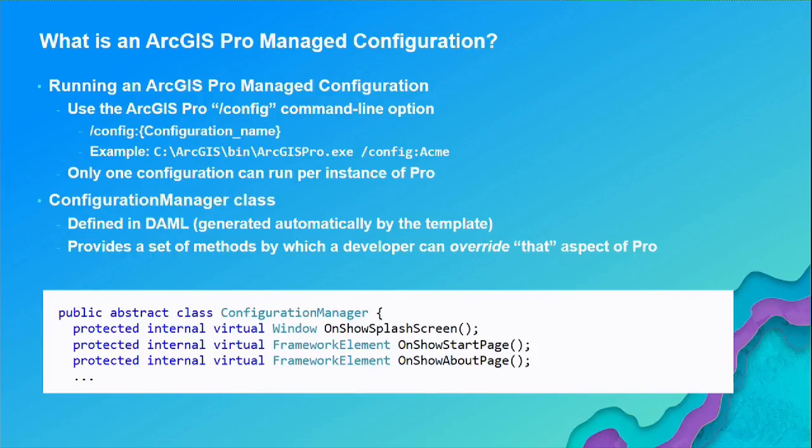So an important class here is your configuration manager class. It's defined in DAML, and it has a series of callbacks, and you can override each of these to change that particular aspect in Pro, such as your splash screen, start page, about page, etc. So these callbacks are all optional. If you don't want to change that particular aspect of the Pro startup experience, you just delete your callback or you return null.